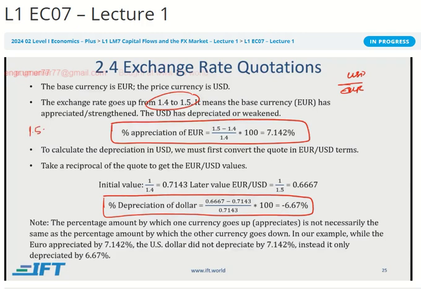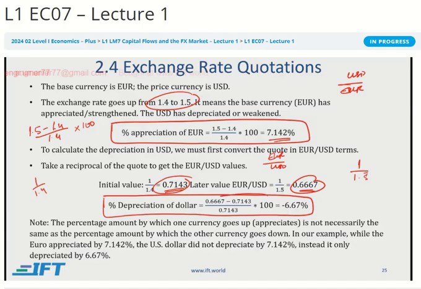So the difference is 1.5 minus 1.4 divided by 1.4 multiplied by 100, and we find that the euro has become stronger by 7.142%. But then if we take the reciprocal of 1.4, which is 1 divided by 1.4, and the reciprocal of 1.5, which is 1 over 1.5, we find that the pair with dollar in the base and euro in the price has gone from 0.7143 to 0.6667.